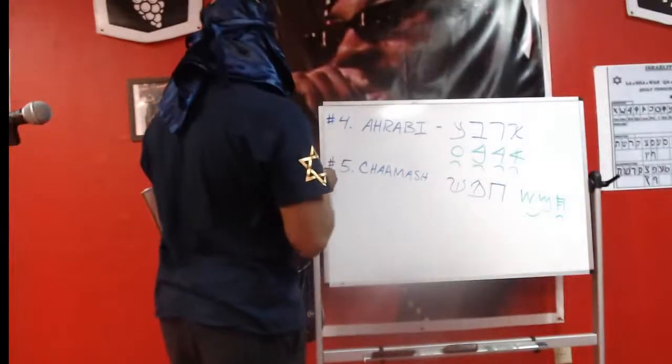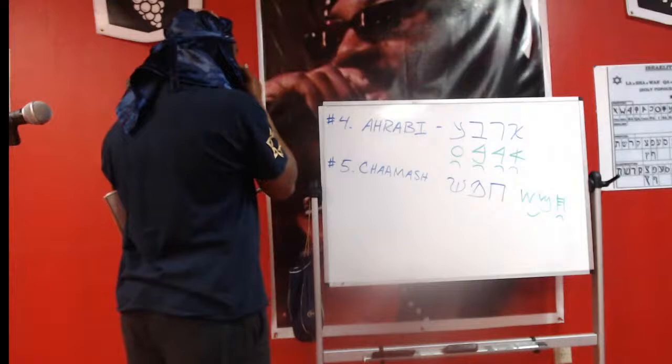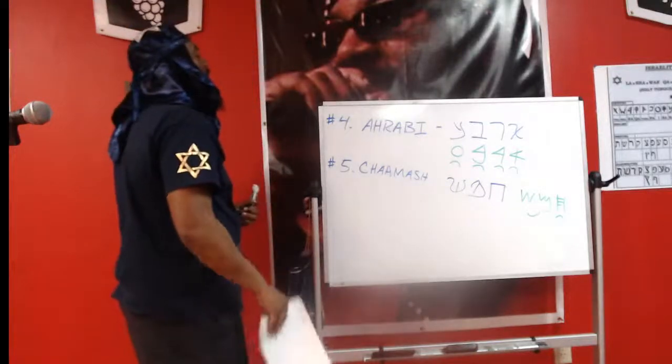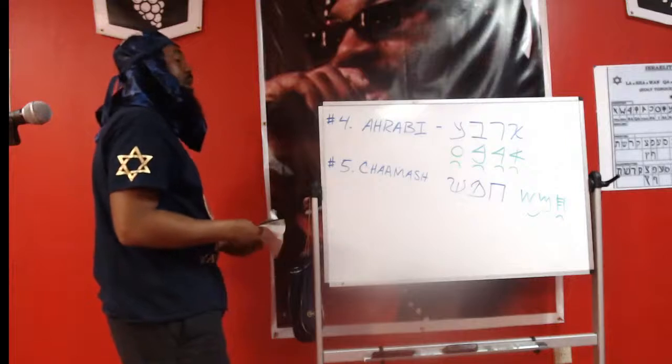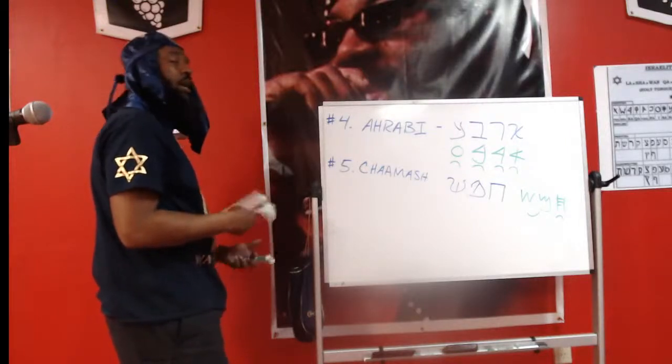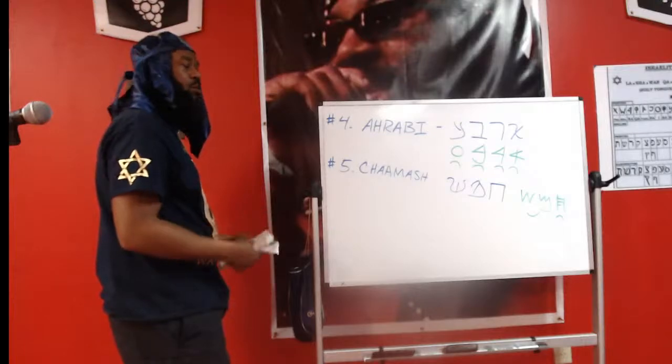Alright, that's it. So we have Akkad, Shanya, Shalash, Arabai, and Kamash.